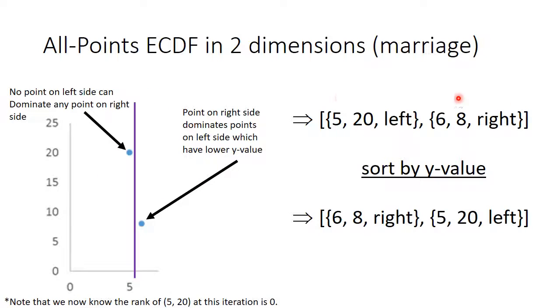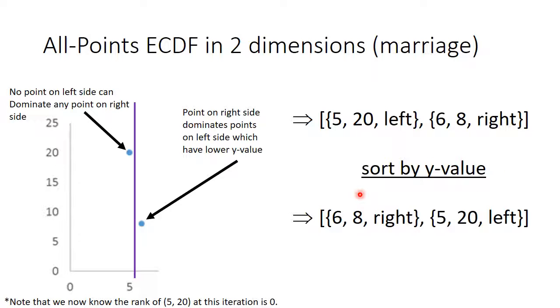So here we have the 2 points. 520 is this point, and it's on the left side, so we just created a little object and attached that data to it. And the next point is 6, 8, and it's on the right side. We've maintained that information. Now we're gonna sort by the y value.